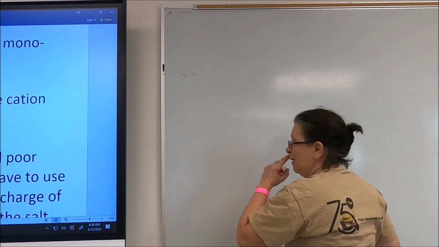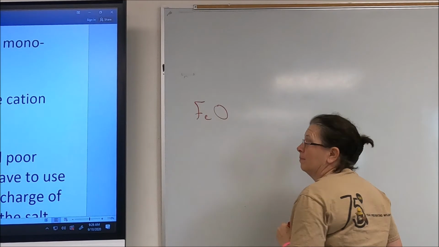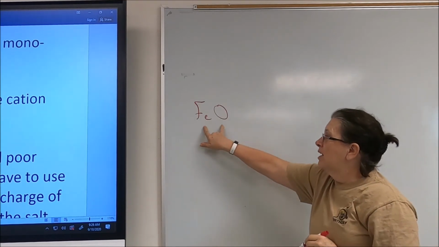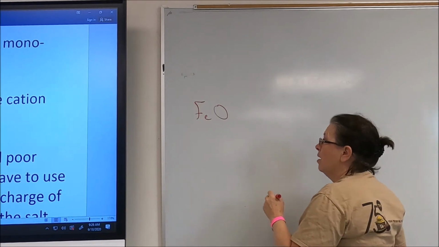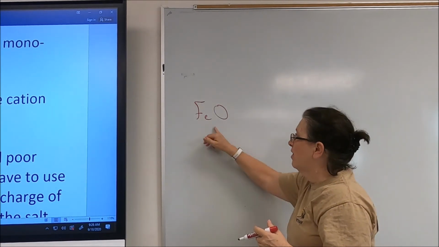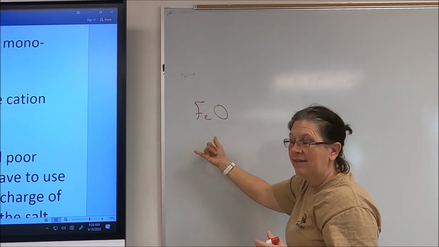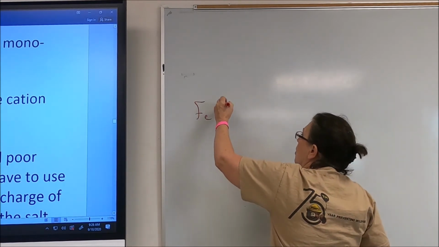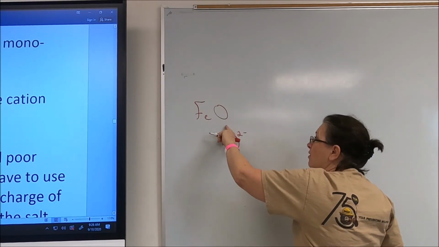Now, the other reason to look at this, because what if I gave you FeO? By looking at this, I know I have iron, I know I have oxygen, but I need to know the charges on the iron to be able to figure out what its name is going to be. So I know that the oxide ion is 2 minus.